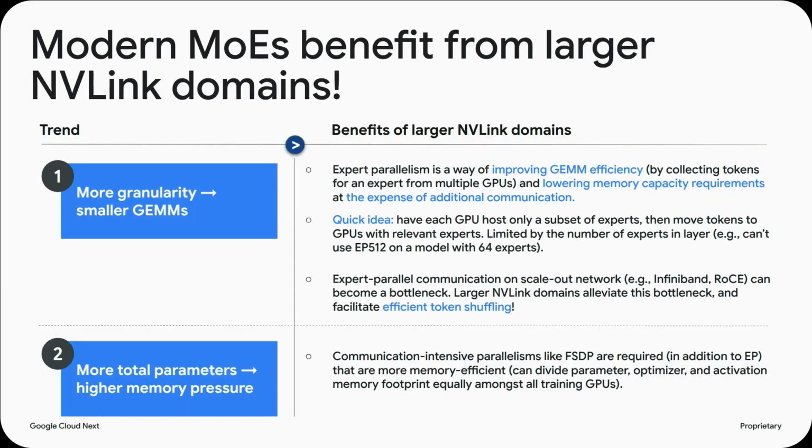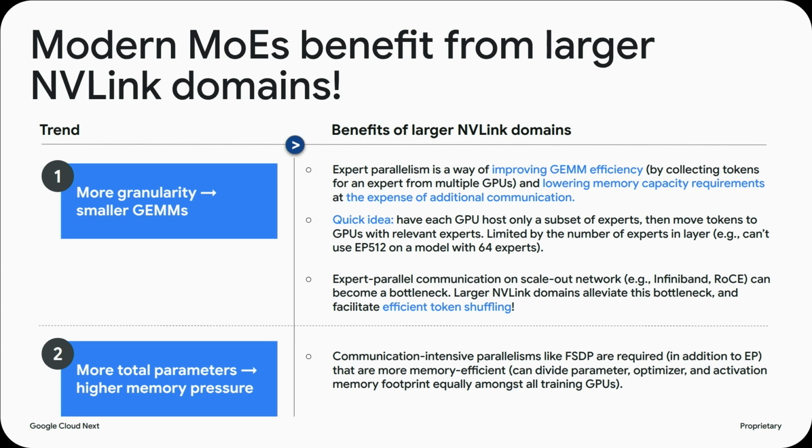Right? So this trend has profound effects on training speed. As models become more granular, the underlying GEMMs that you need to execute in model forward and backward passes become smaller. And so it's more challenging to execute them efficiently on modern accelerators. One way of routing around this issue is to use expert parallelism, which Pramod talked about earlier today.